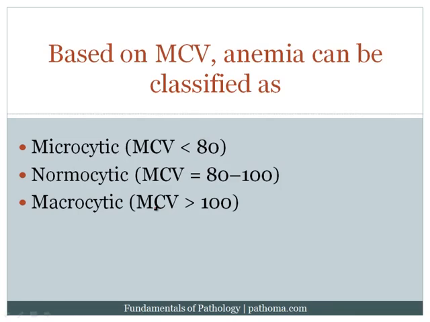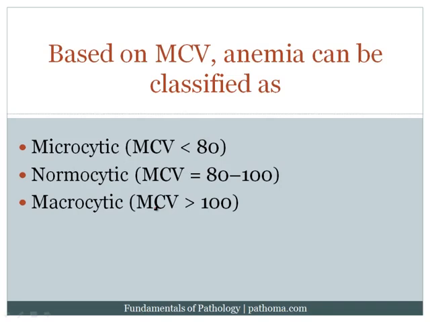However, my personal feeling is that the best way for a student who's learning about anemia to understand anemia is to divide it based on the MCV. The MCV is the mean corpuscular volume, and it gives you an estimate of the size of the red blood cell. And for me, if you understand anemia based on the size of the red blood cell, that makes it very easy to learn the different anemias, and you'll see why as I take you through the remainder of this lecture.